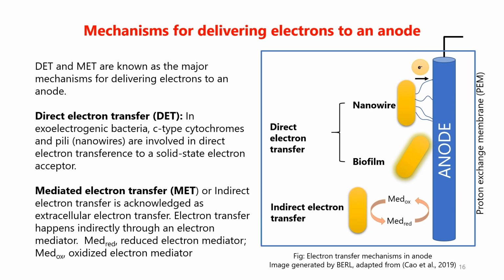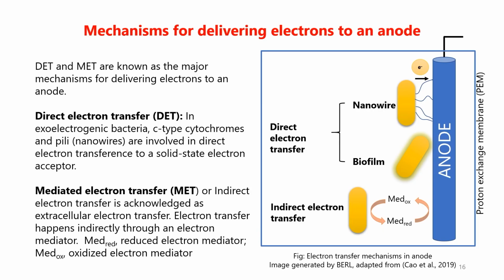In the mediated electron transfer or indirect electron transfer, the electron transfer happens indirectly through an electron mediator. So, you have a mediator here which becomes reduced and then again oxidized in the process.